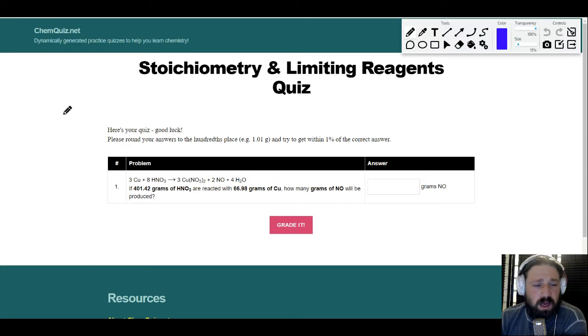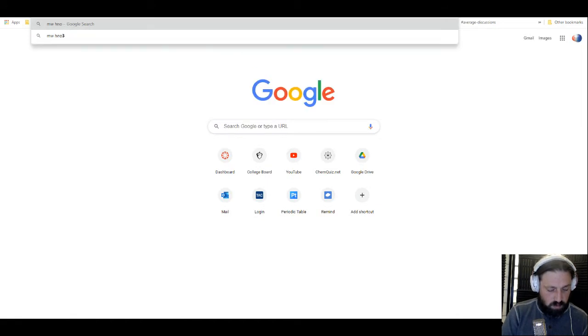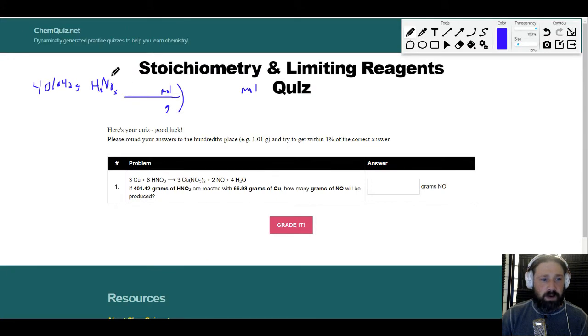So to do that, we do 401.42 grams of HNO3, and we're going to convert this into moles of nitric acid. We're going to drop our grams and pick up our moles. So what is the molecular weight of nitric acid? 63.01.